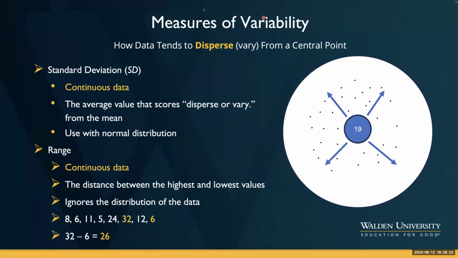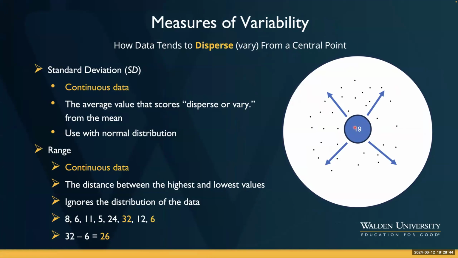Now, the other thing is that when we describe data, instead of looking at how the data tends to hover around this central point, we can describe the data from its tendency to disperse away from a central point.